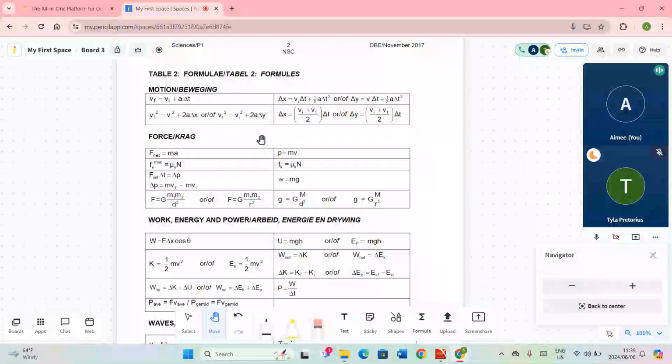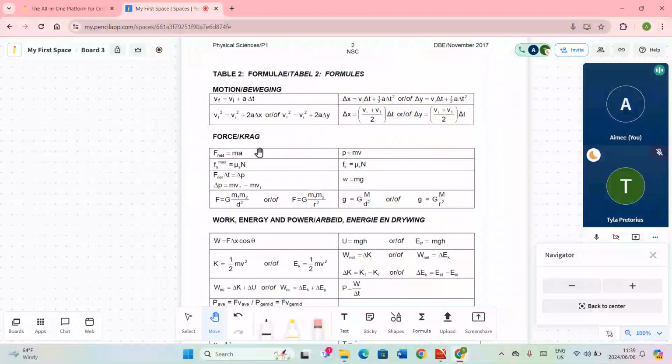Okay, and if we have a look at our formula sheet, it's going to be under forces because it's Newton's law. Our formula is here. Every body in the universe will attract every other body with a force that is directly proportional to the product of their masses, so m1 times m2, and inversely proportional to the square of the distance between their centers.